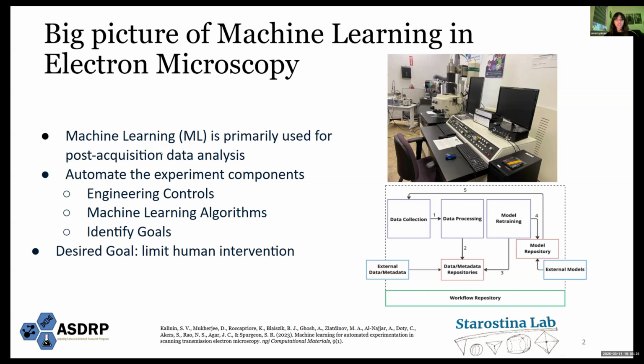Secondly, we have machine learning algorithms, which generate a sequence of operations for the computer. And finally, the perceived goal and target is a list of potential outcomes based on the experiment, which guides the process. The overall goal of this is to minimize human intervention because humans are prone to making errors.